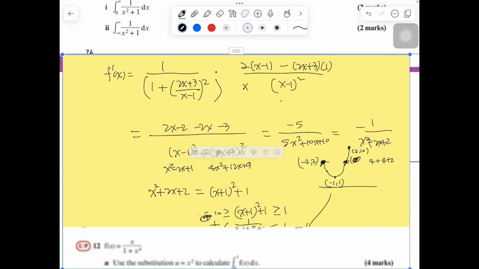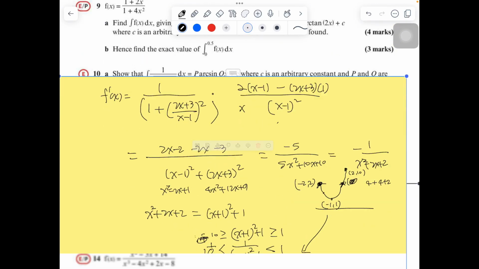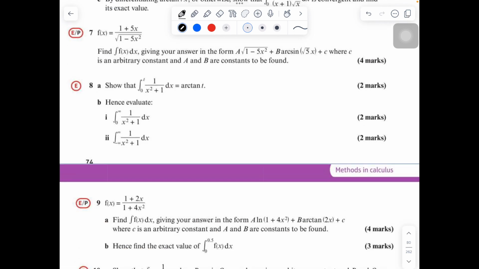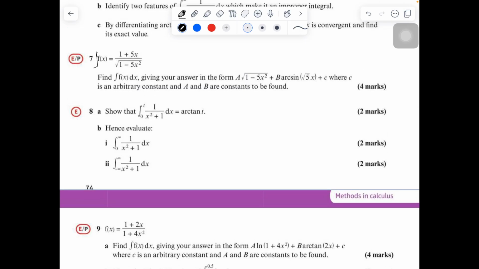Let's go to the next one. Number 7. So integral f prime of x dx. Here we need to separate them: integral of 1 over square root of 1 minus 5x squared dx plus integral 5x over square root of 1 minus 5x squared dx.